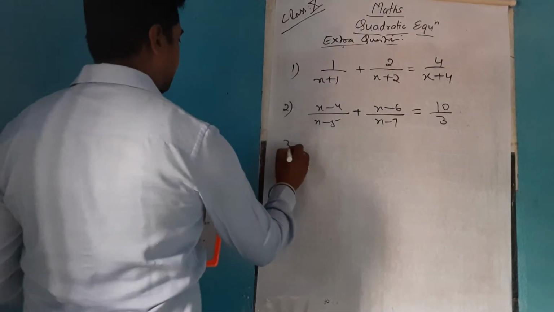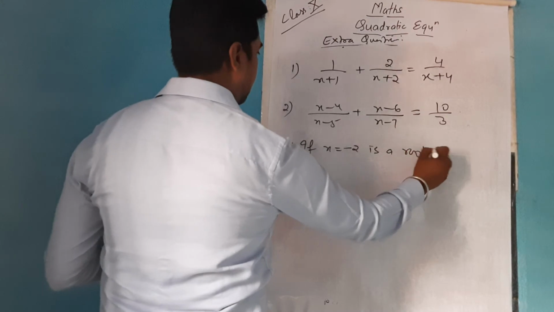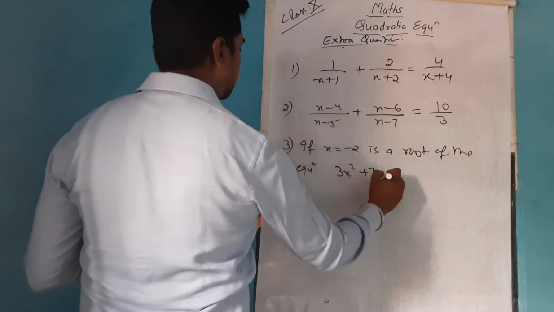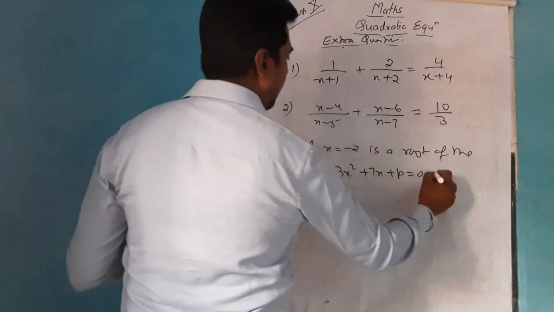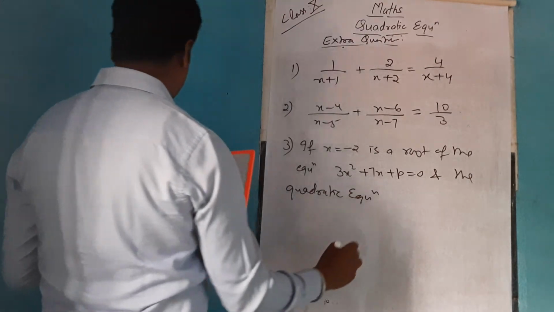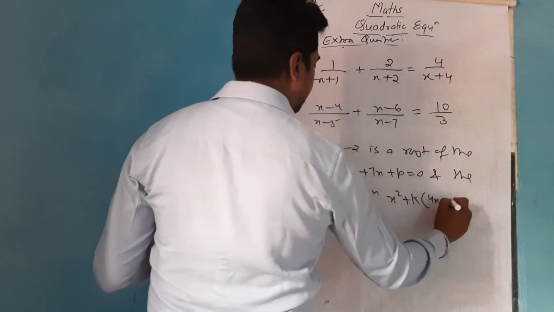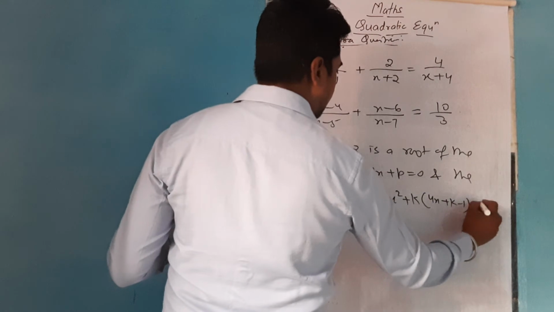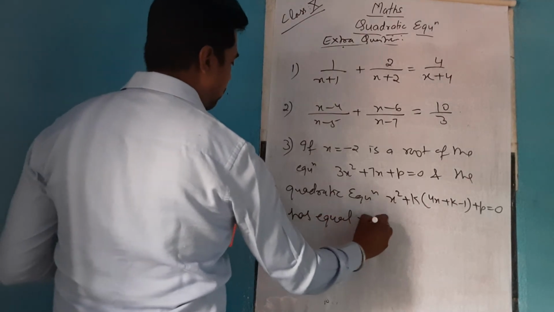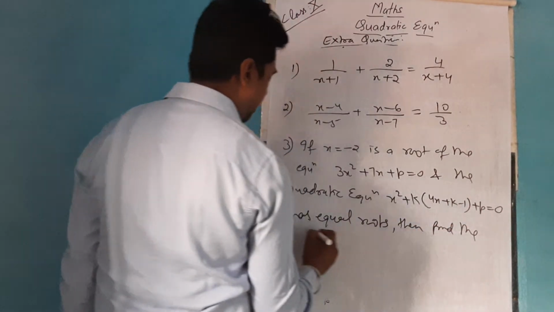And then the third is given as: if x equals to minus 2 is a root of the equation 3x square plus 7x plus p equals to 0, and the quadratic equation x square plus k times 4x plus k minus 1 plus p equals to 0 has equal roots, then find the value of k.